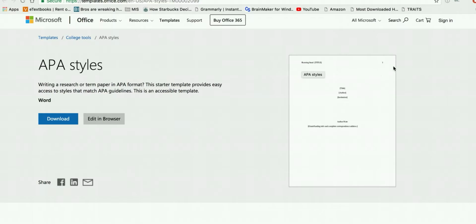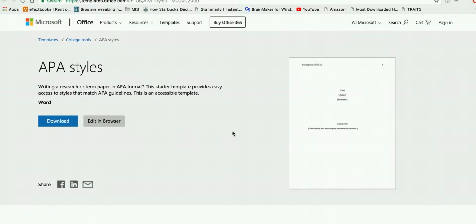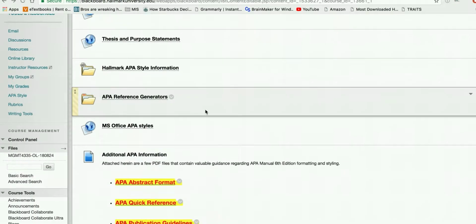And as far as your running heads and how things are set up, you don't want to reinvent the wheel. You want to make it as simple as you can, and following that template can help you out a lot.